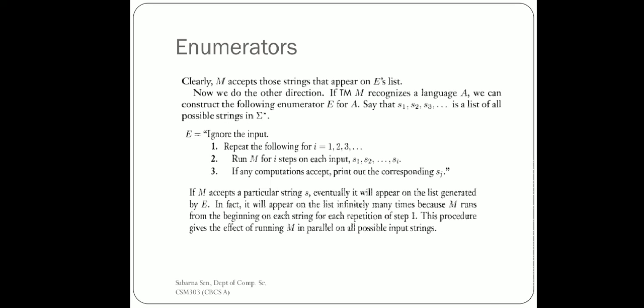For each repetition, M will run for 1 to 10 steps on S1, 1 to 10 on S2, and so on. It will keep repeating until all the strings get processed.